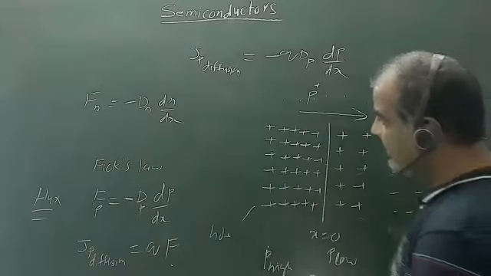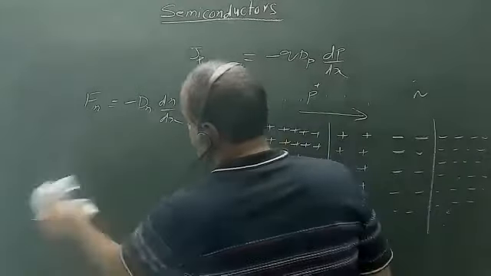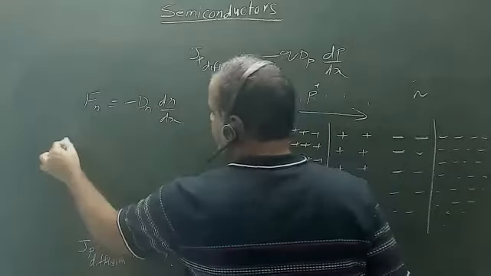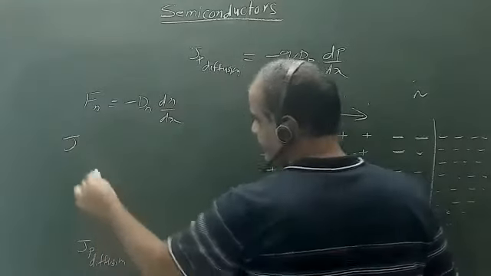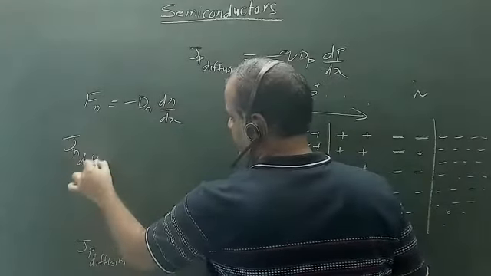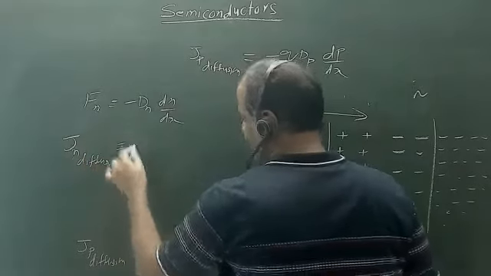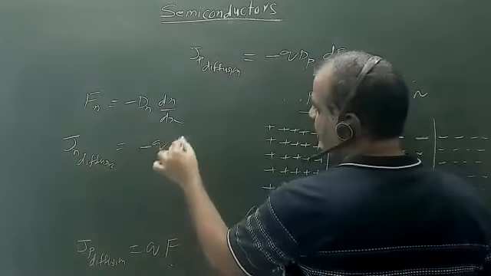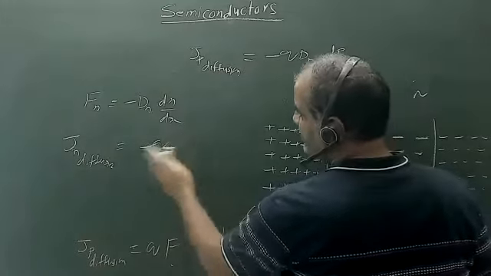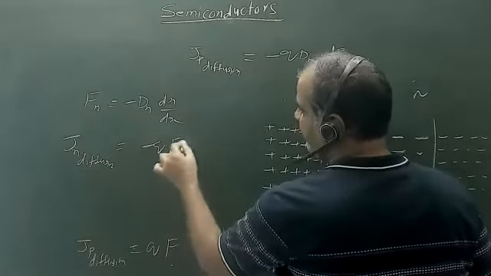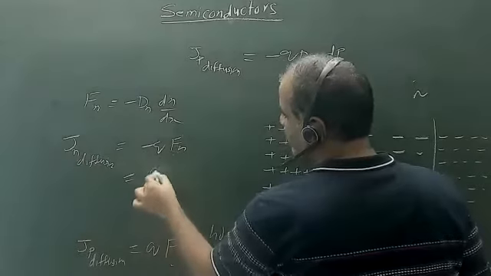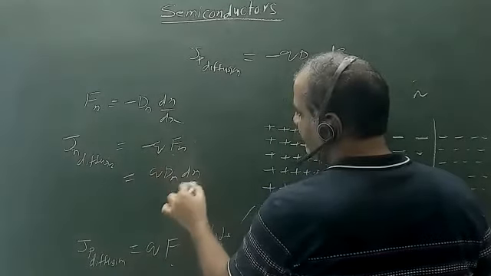The diffusion current due to electrons will be minus q into F_n, so this gives q D_n dn upon dx.